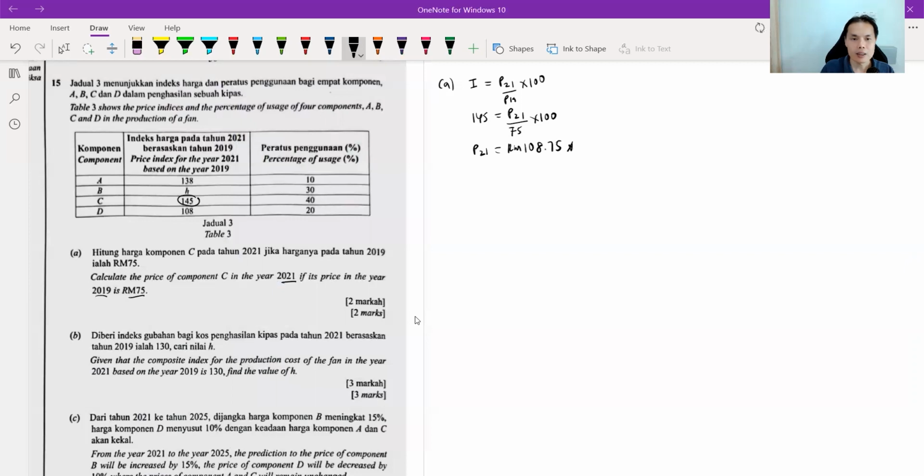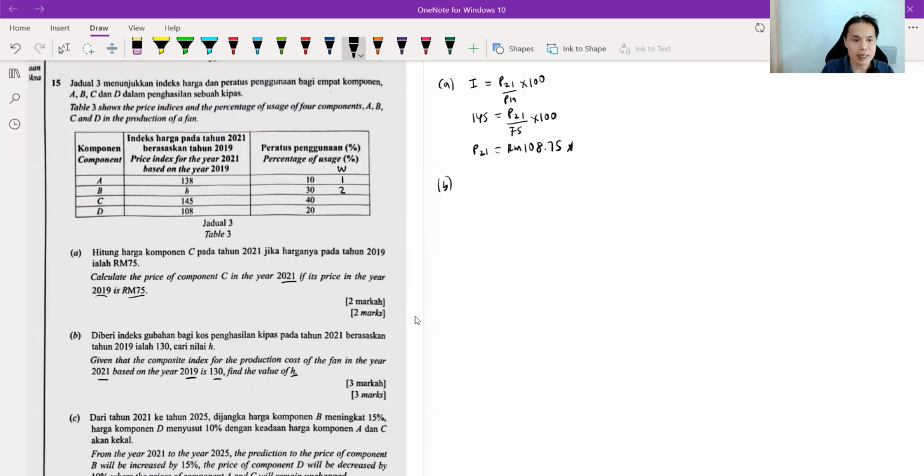Okay, next one. The composite index for the production cost of the fan in the year 2021 based on 2019 is 130. Find the value H. H is an unknown. H is the price index for component B. Usually any other information given in the form of pie chart, bar chart, or percentages are your weightage. Normally I'll simplify the weightage by dividing everything by 10, easier to calculate.